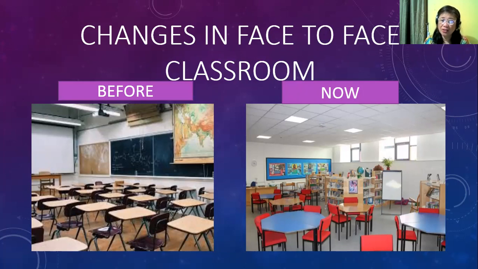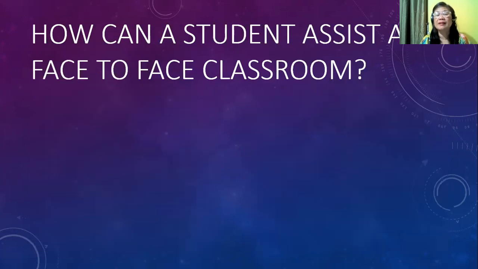When there is interaction, then there is collaborative learning, cooperative learning, and also interactive learning, because students do not just learn from the teacher, they also learn from each other. That's why the arrangement is like that. There's a table and around the table there are chairs. Not only 1 chair, but 3 to 4 chairs.